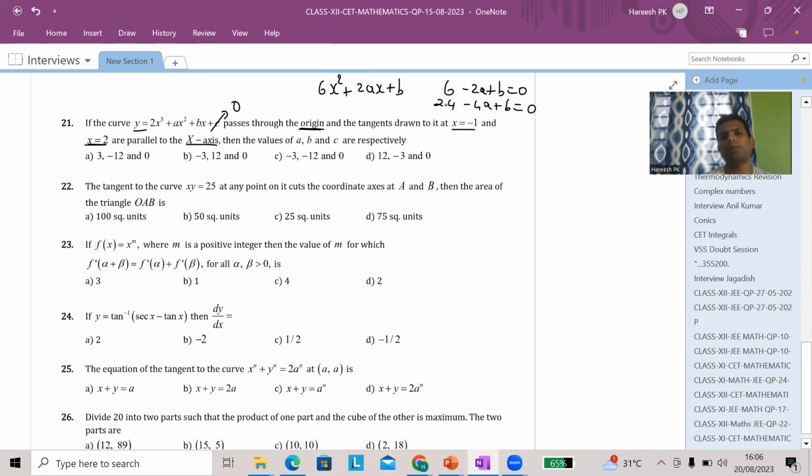So now when you subtract both, you will end up getting 6 minus 24, which is minus 18, plus 2a equal to 0, isn't it? Have I made a mistake? Yeah, so when I substitute x as 2, so 6 4s are 24. Okay. So C is 0, no doubt.